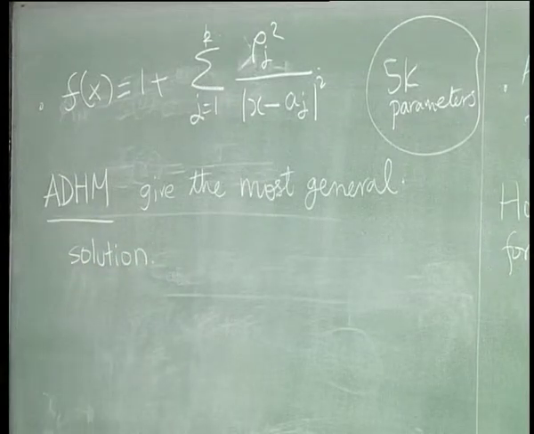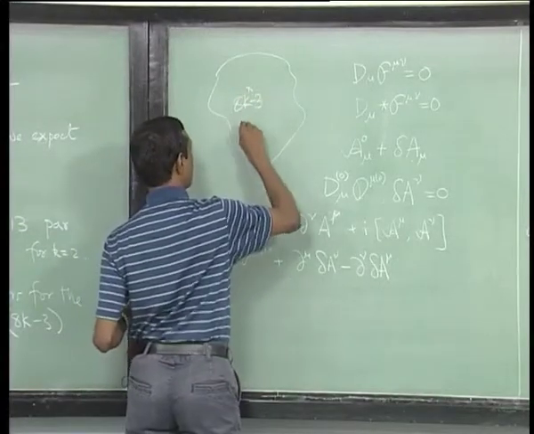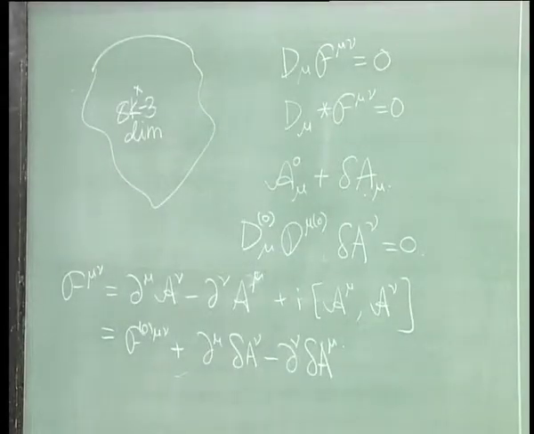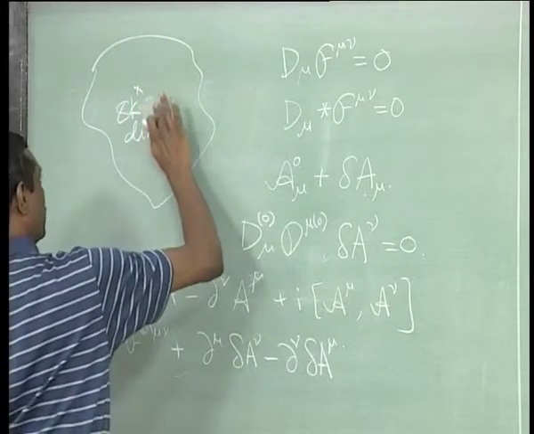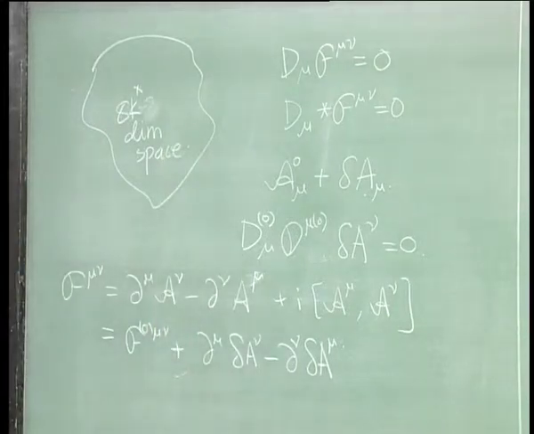okay. And so coming back to this, there is this funny space which is 8k minus 3 dimensional. So in some sense let us forget about the overall 3 and think of it as an 8k dimensional space, okay.